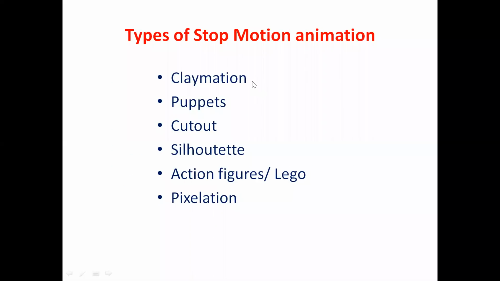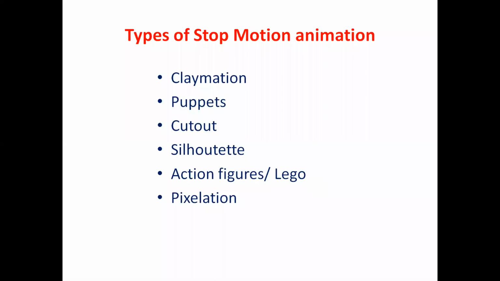Claymation is nothing but making animation using clay. Puppets and cutouts are the 2D images that we are going to learn. Silhouette is nothing but the shade, like a shadow puppet. And pixelation is moving a human being. That one is called pixelation.